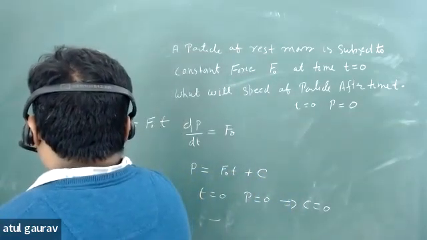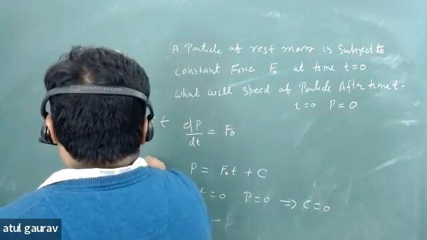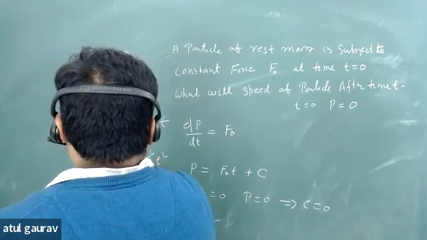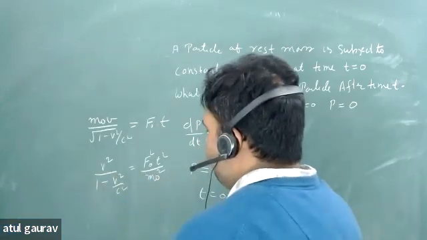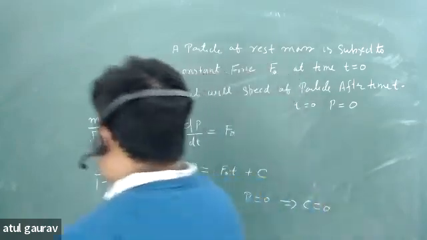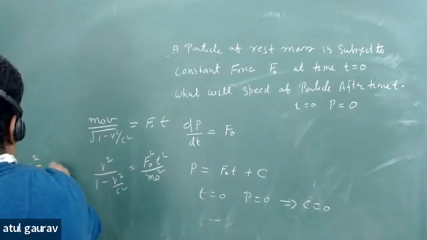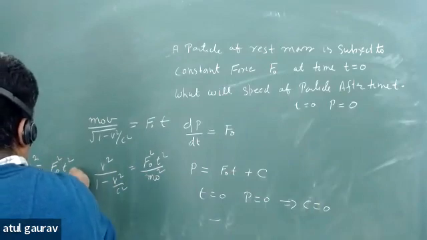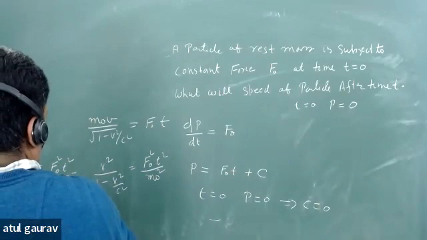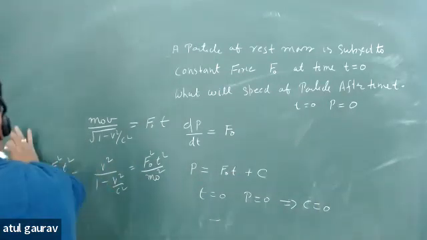You have v square upon 1 minus v square upon c square is equal to f naught square t square upon m naught square. And you can multiply this thing here. So v square is equal to f naught square t square upon m naught square minus, and you can take this thing to this side.